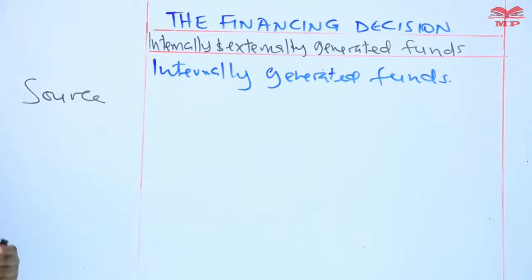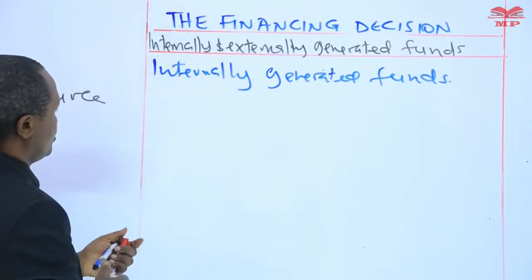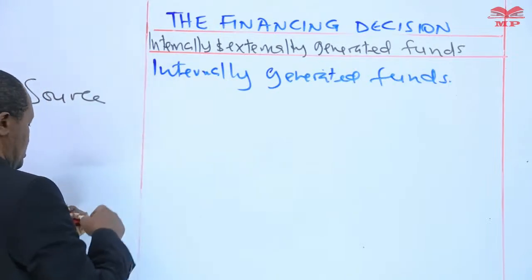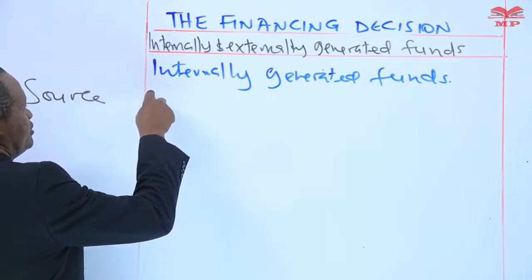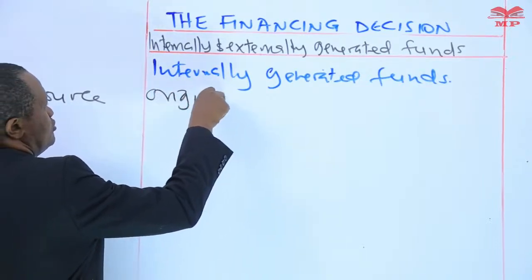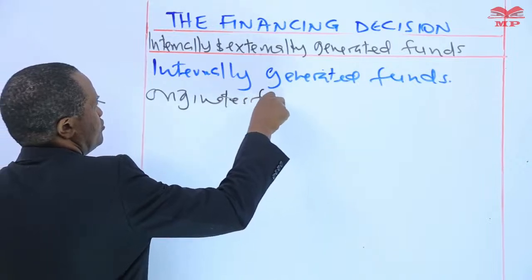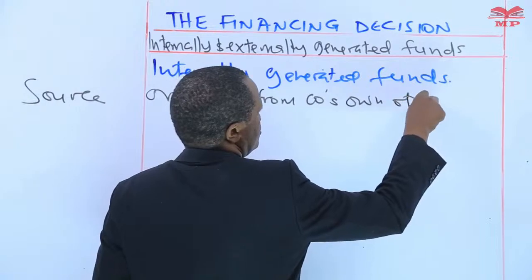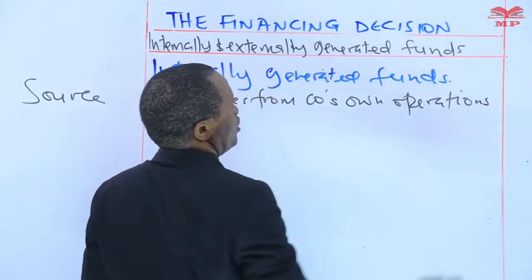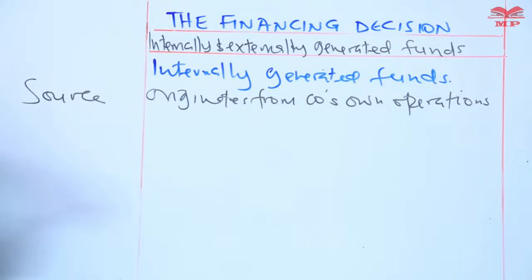The source originates from the company's own operations or activities. Examples are retained earnings, accumulated reserves, and accumulated depreciation funds.